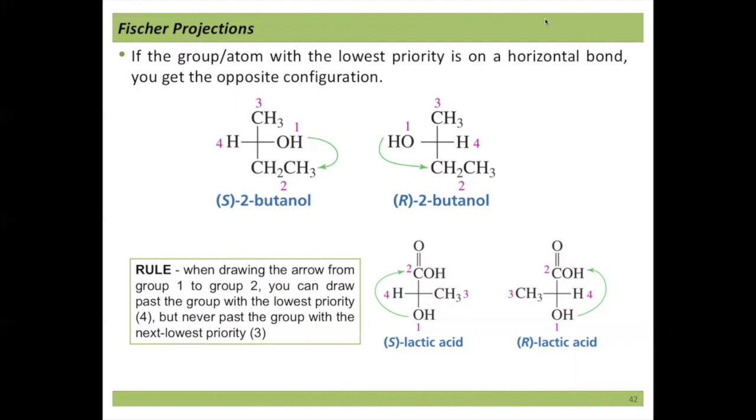D and L comes from the way things appear in the Fischer projection. When we draw something in the Fischer projection, just imagine if I change this group right here to a Br. That's going to become a higher priority.